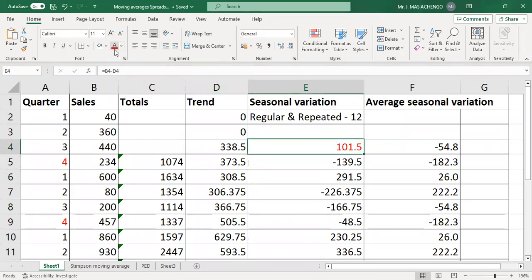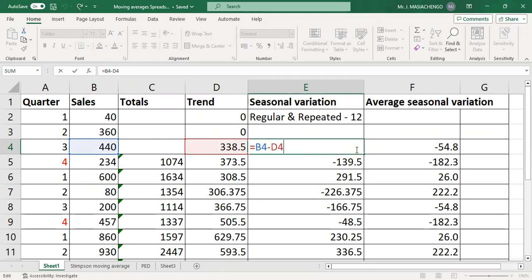Let me highlight it in red. We say 440 minus 338.5. This is 101.5. So this is simple. That's how we get the seasonal variation.